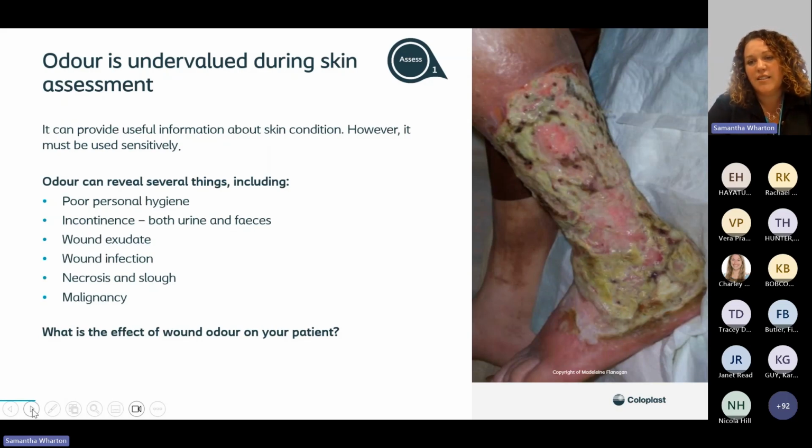Wet necrosis, that dead tissue, again, all gives that indication of what's going on. And we need to manage it. When you look at that photo of the leg, you can imagine what that's going to smell like. And we need to really quickly get that sloughy, soft necrotic tissue off that leg, because until you've done that, that smell's still going to be there for that patient.